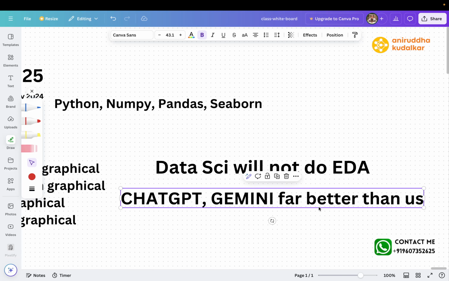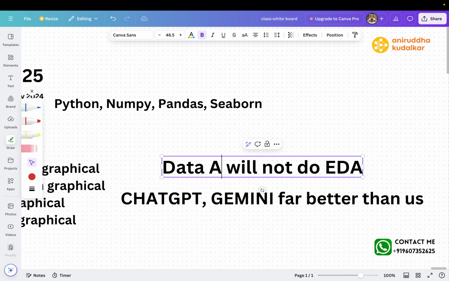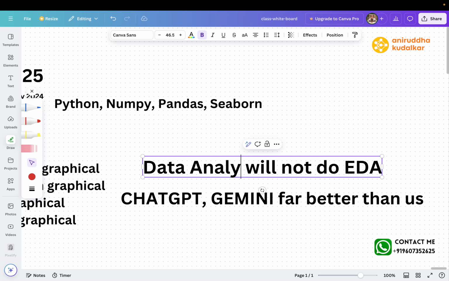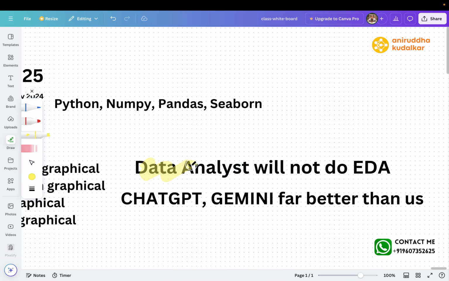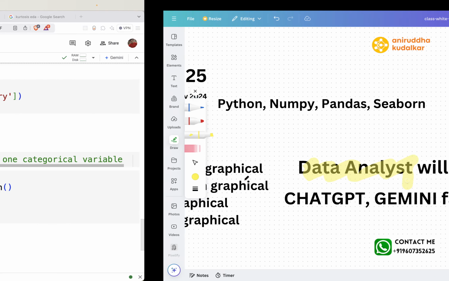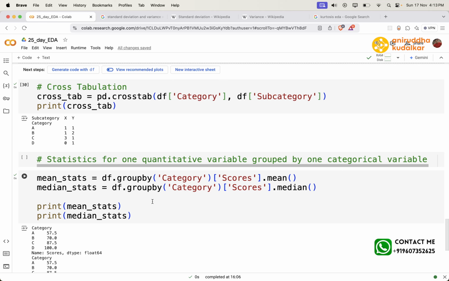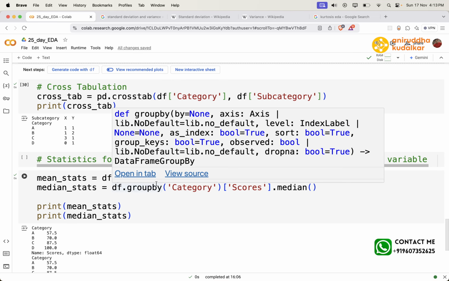So data analyst, more precisely, a small role in data science, is one of the roles that would be replaced by AI, 100%. Whatever we are doing right now, open ChatGPT and ask these things with the diagrams, and it will do it precisely.